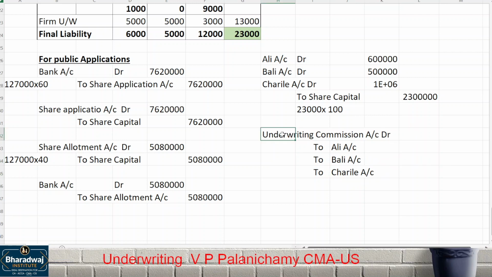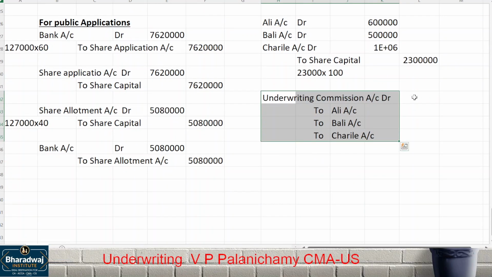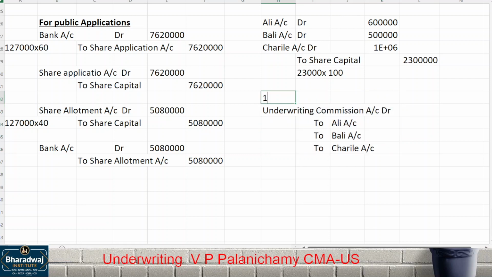What is underwriting commission payable? Based on number of shares issued. How many shares are issued? 1,50,000 into 100 into 5%.